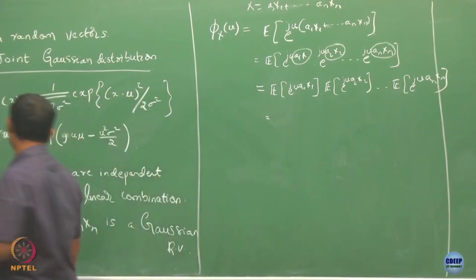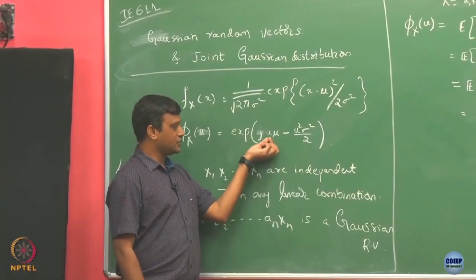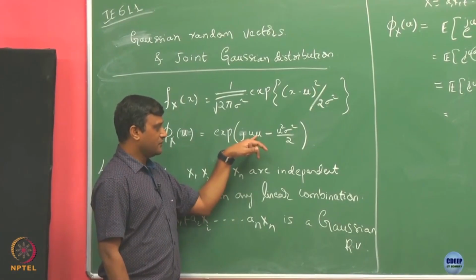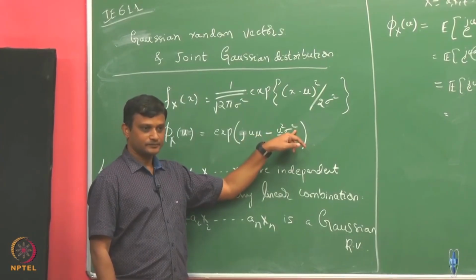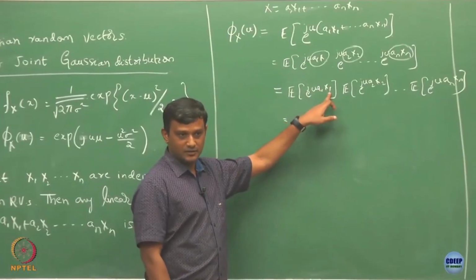So we already know that if x is a Gaussian random variable, its characteristic function is going to look like this, e^{j u mu - u^2 sigma^2 / 2}. So it only depends on your mean value and the variance, right? So what is the mean value of a1 x1?